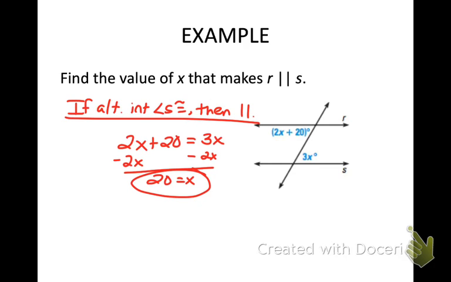Then you should have the original if-then statements where it says if parallel, then alternate interior angles are congruent. So make sure you pay attention to that. Don't lose silly points because you weren't paying attention.